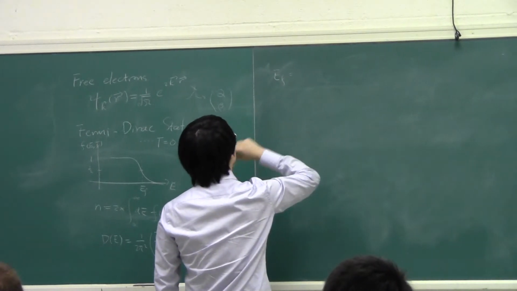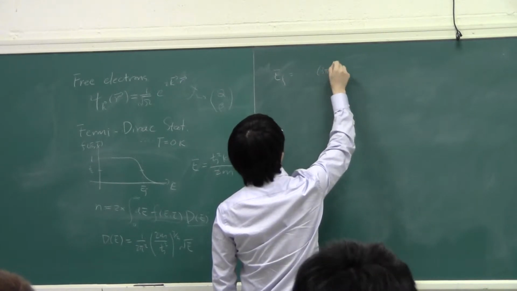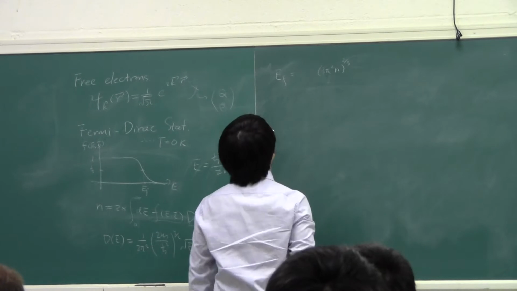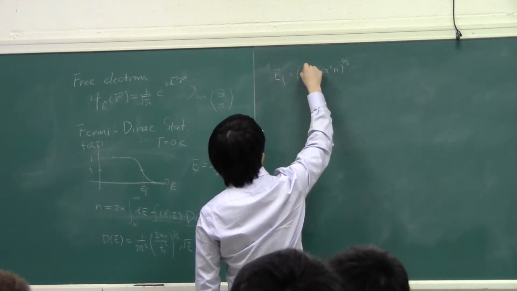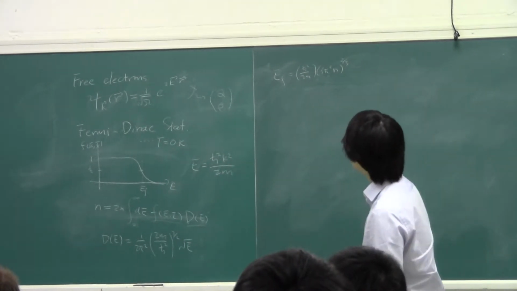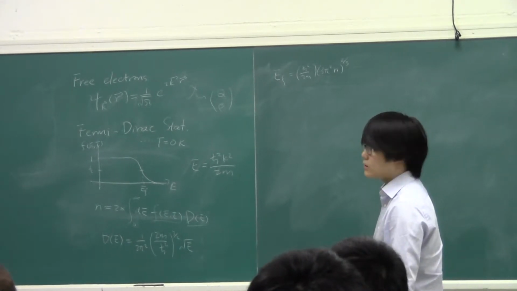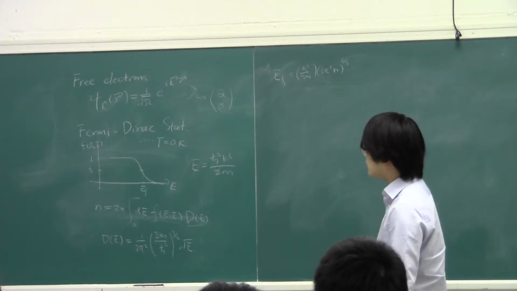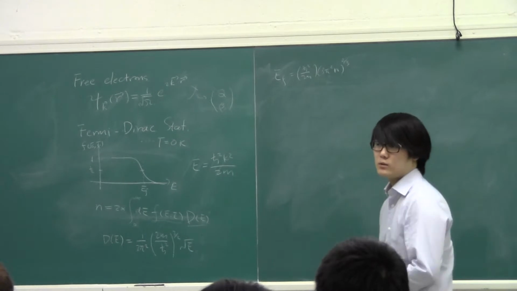Okay. So if we do that integral, we find that the Fermi energy is equal to 3 pi squared n to the 2/3, and then there's some factor in the front, and it must be h bar squared over 2m because this is an energy. Okay. So that's the Fermi energy, and then we can also find out things about, well, at 0 temperature, what is the highest velocity of the electron if it's over here, okay, or the highest wave vector.